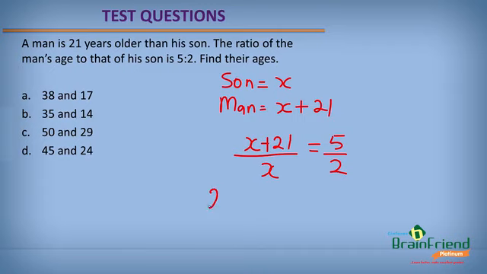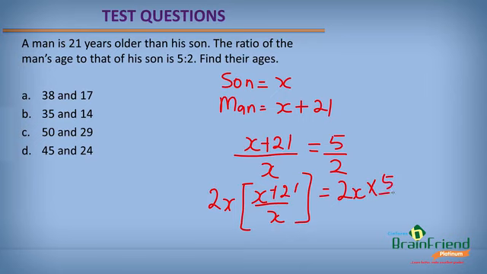So 2x times (x plus 21) over x is equal to 2x times 5/2. Now x cancels out x here, so we are left with 2 times (x plus 21) is equal to, 2 cancels out 2 here, so we are left with 5x.